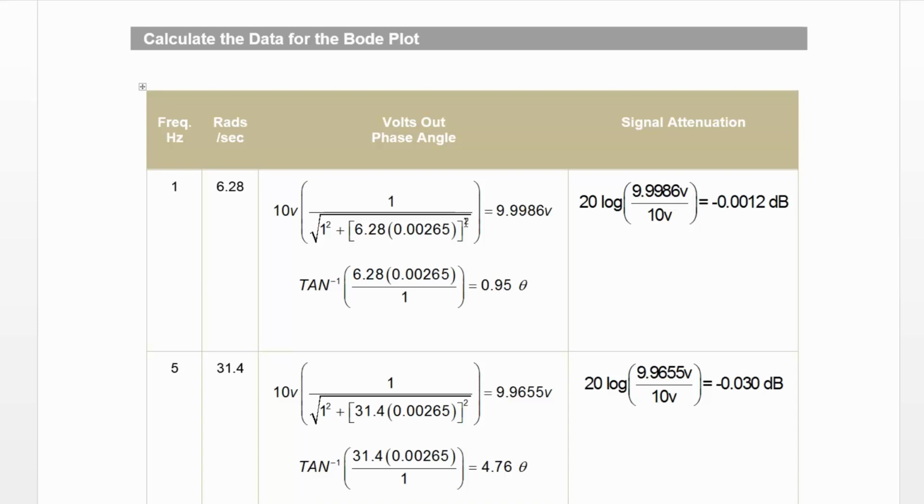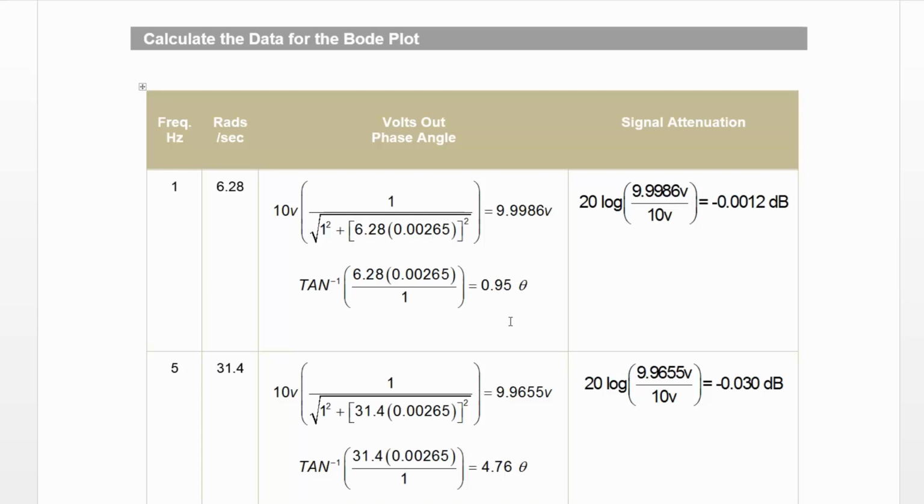We square that, add 1 to it, take the square root and the reciprocal, multiply by 10, and we get our voltage out at 1 hertz: 9.9986 volts.